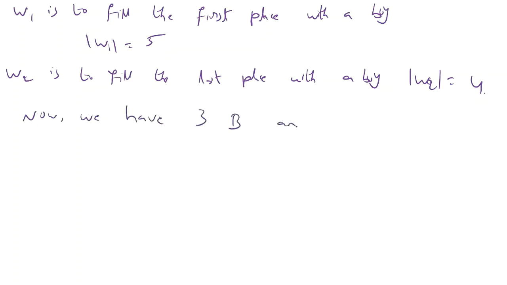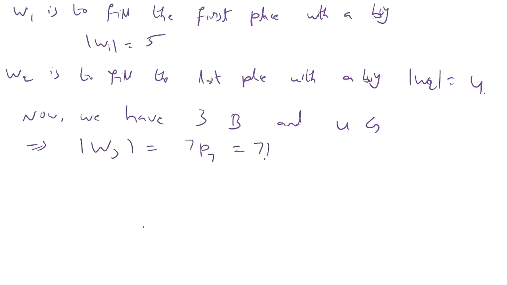Now we can fill the remaining 7 places. This implies the number of ways of doing W3 is equal to 7P7, because we have 7 people and we have 7 places. The number of ways of arranging these 7 people in 7 places is 7P7. Since we want to take all the objects, it is nPn, which is equal to 7 factorial.